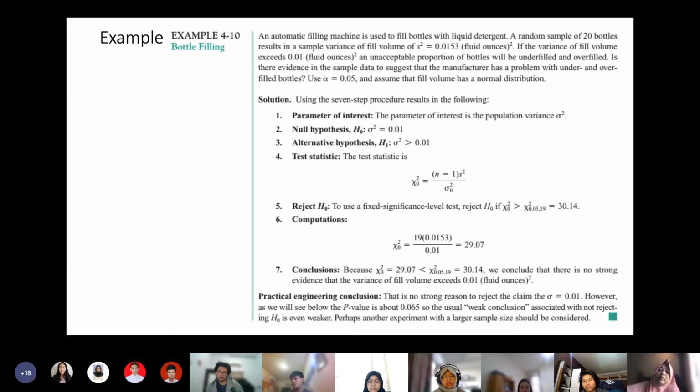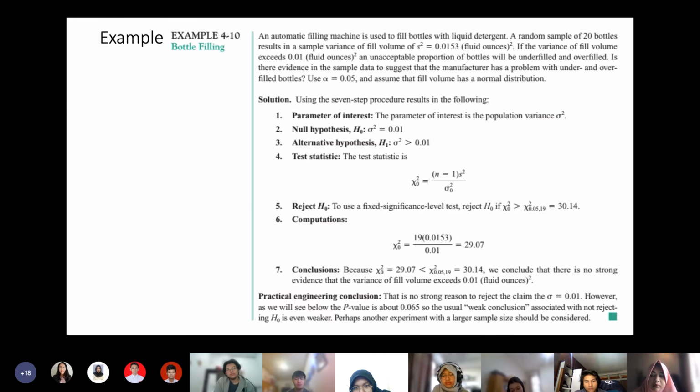If the variance of the fill volume exceeds 0.01 fluid ounces squared, an unacceptable proportion of bottles will be underfilled and overfilled. So the question is, is there evidence in this sample data to suggest that the manufacturer has a problem with underfilled and overfilled bottles? We can use alpha 0.05 and assume that the fill volume has a normal distribution.